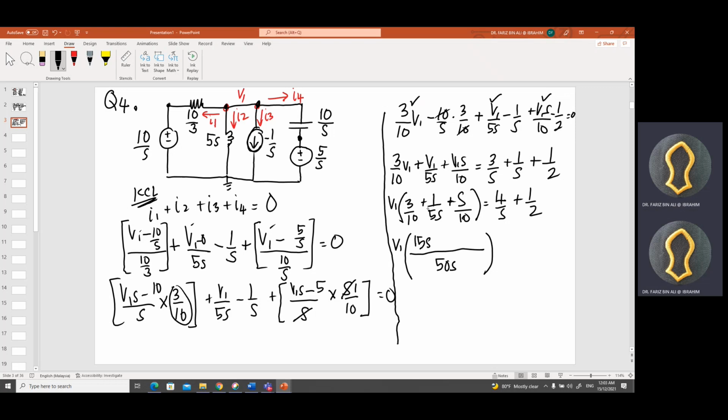I think that's okay. Plus 10S. And okay, so that's true. Plus here it should be 5S squared, because if I cancel out S with S, 5, 1, 10, it will be S over 10. Okay, this is true.